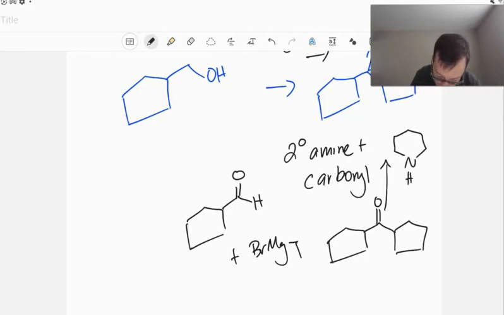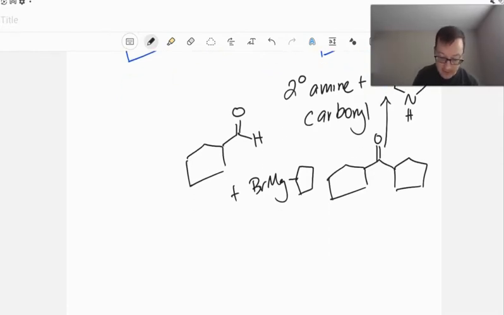Too many carbons. 1, 2, 3, 4. We could use a Grignard reagent on this thing, right? If we use a Grignard reagent and an aldehyde, well, that'll get us to the alcohol, right? Version.